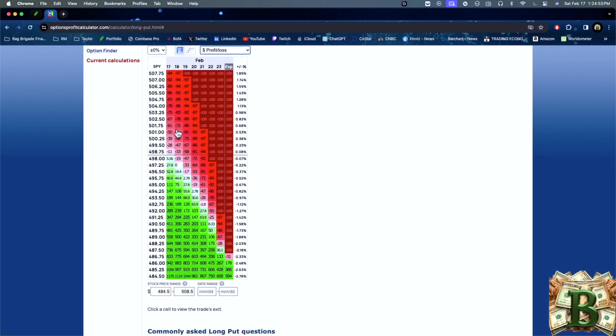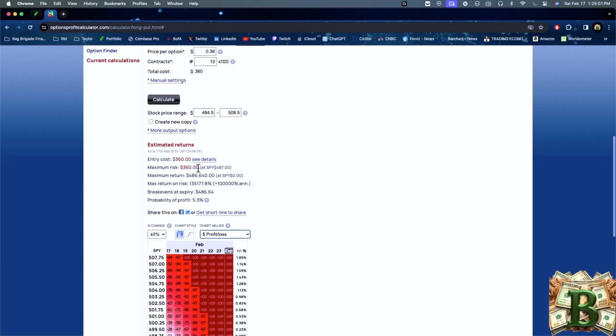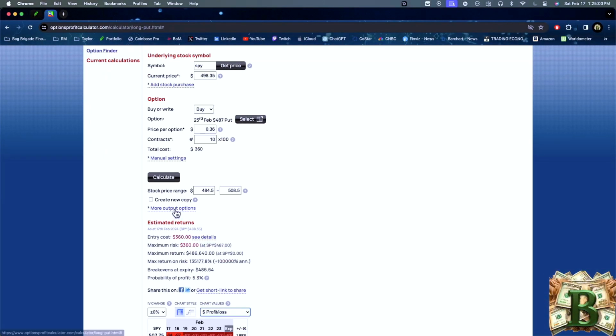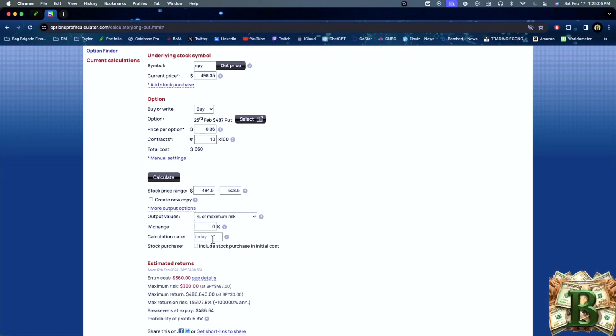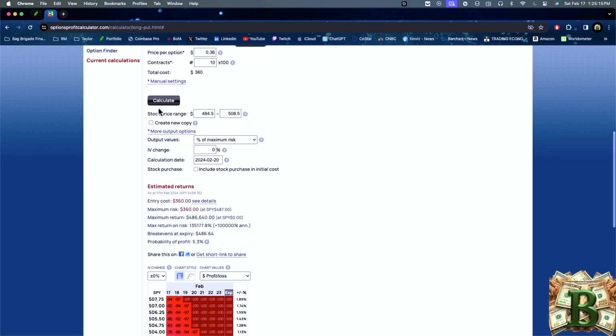So come the 20th, actually, let's change the date range because it's a 3-day weekend, and honestly, it just wouldn't make sense. So there we go, the 20th. Let's recalculate that.